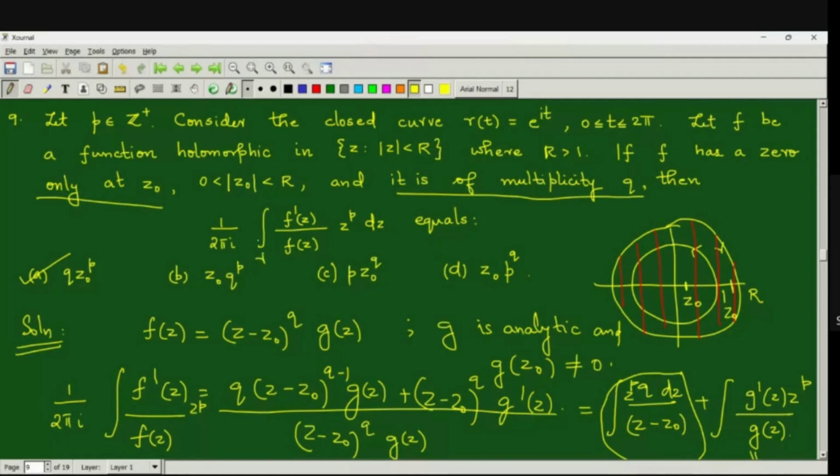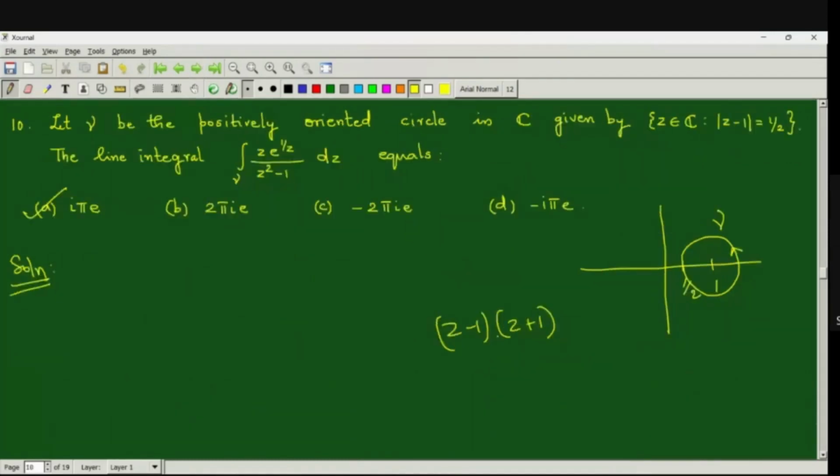So the value is going to be 0 according to Cauchy's theorem. But that is not in the options. So if someone points out that this question is wrong and has this discrepancy, either they will cancel that question or they will give marks. So better to attend that question.